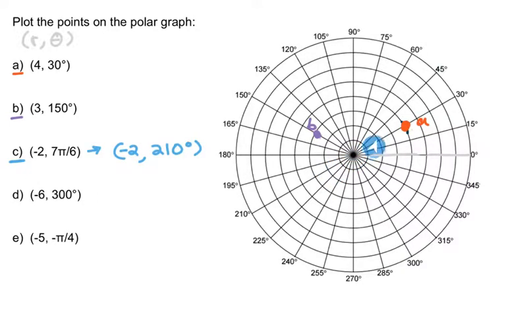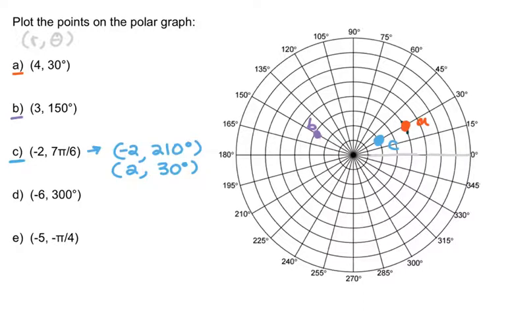And what is opposite 210? That would be 30 degrees. If I take 180 away from 210, that leaves me with 30 degrees. So point C is located right here on my 30 degree line, which is directly opposite my 210 degree line. Since we had -2 at 210, I traveled out 2 in the 30 degree direction.